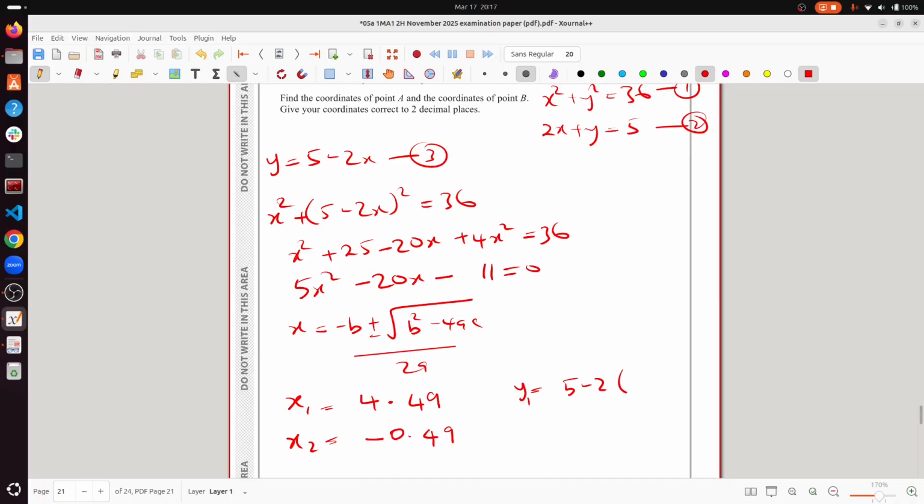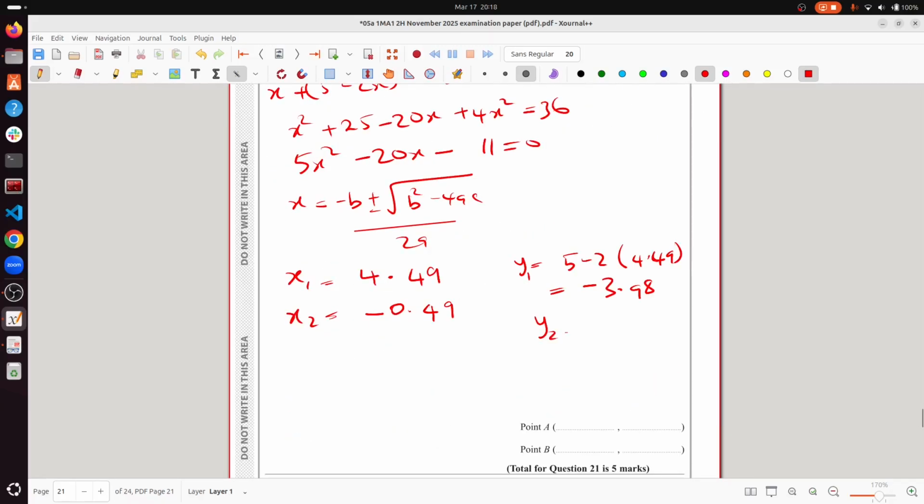So y1, with 4.49, gives me minus 3.98. And y2 is 5.98. So it does not matter what points you put there. So for x1 we have 4.49 and y1 is minus 3.98, and point B is minus 0.49 and 5.98.